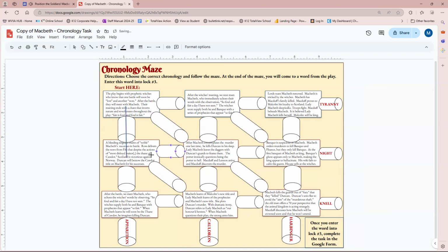Because the next thing that happens is one of the warriors tells the king about the battle, right? And he tells them that the Thane of Cawdor was a traitor. And so then next from there, we either go across, diagonal, or down. So the next thing that happened, we know it's not this middle one.